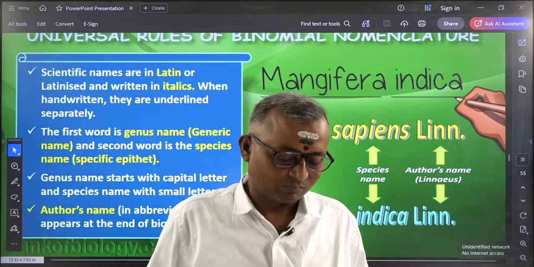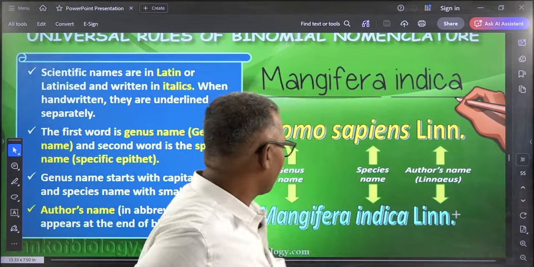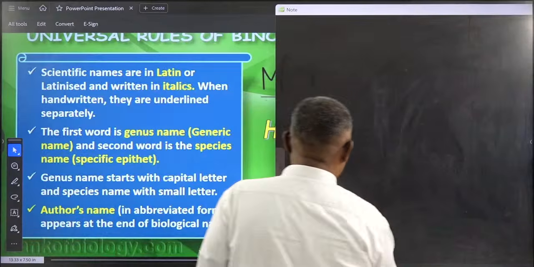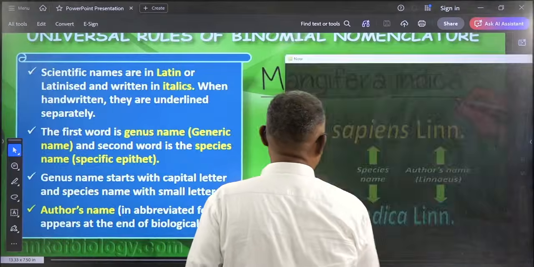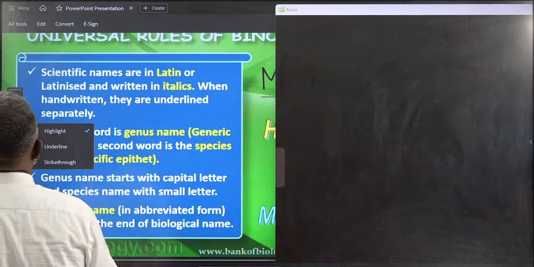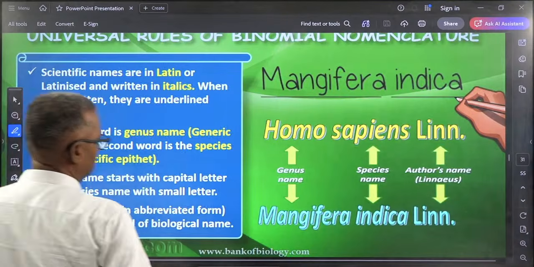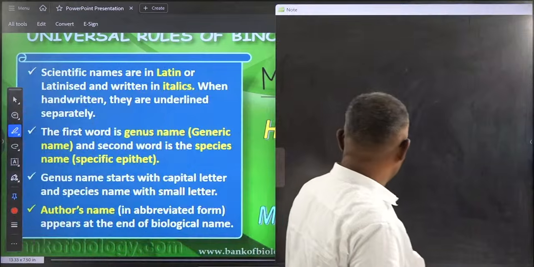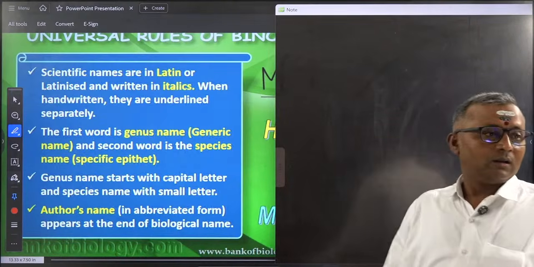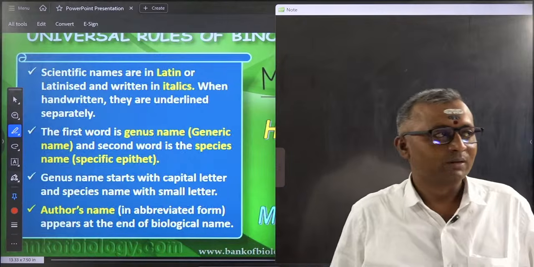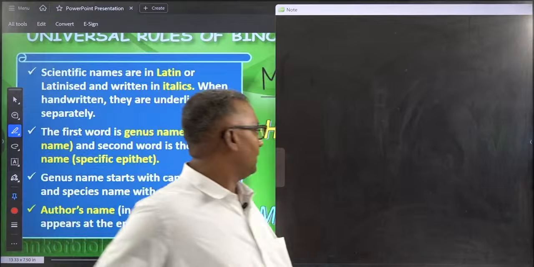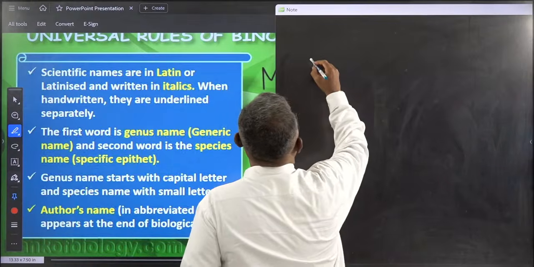So, in the last class, I told you about few details with respect to taxonomy, systematics, nomenclature, and classification, isn't it?